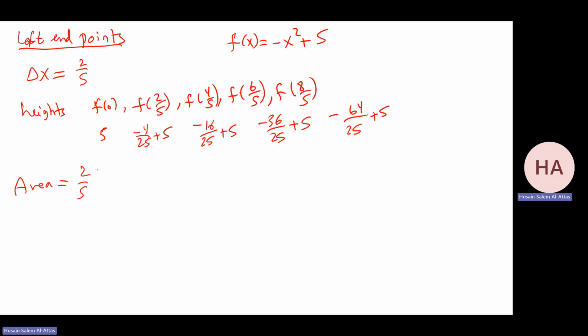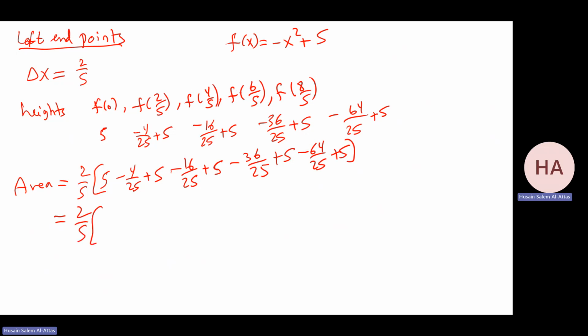It will be 2/5 times what? 5 minus 4/25 plus 5 minus 16/25 plus 5 minus 36/25 plus 5 minus 64/25 plus 5. And that will be 2/5 times 5, 5, 5, 5. This is 25. Minus 20 minus 120/25.